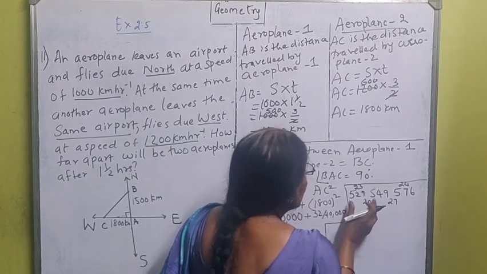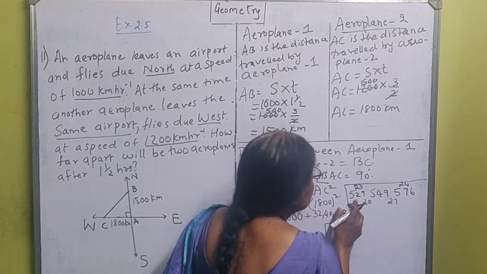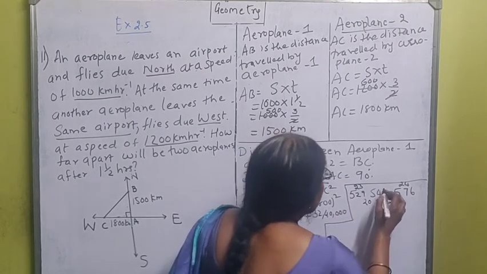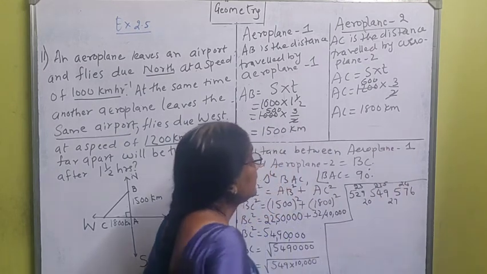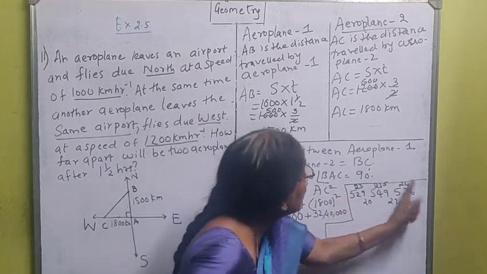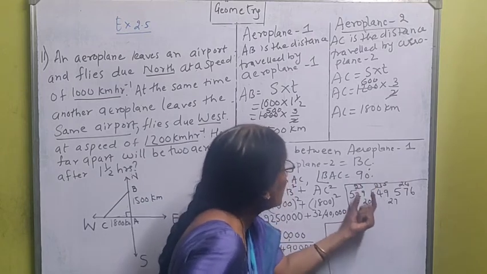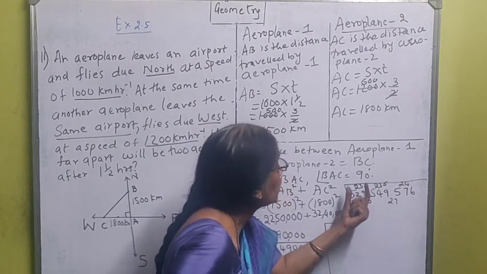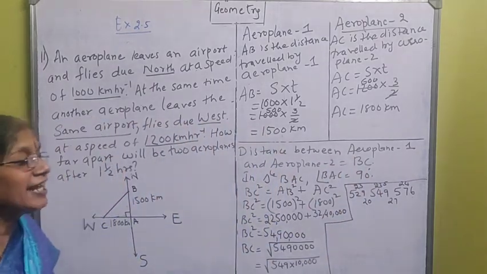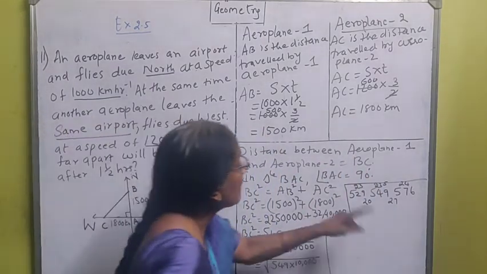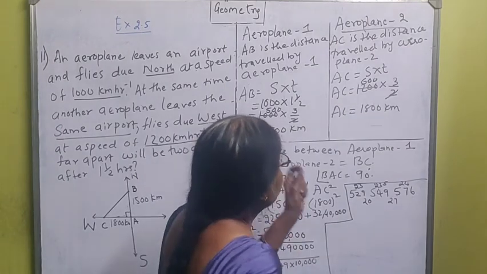That means 549 is nearer to 529. If I take 23.5 as the midpoint of 23 and 24, your 549 lies between 23 and 23.5. 23.5 square is more than 549. It is 552.